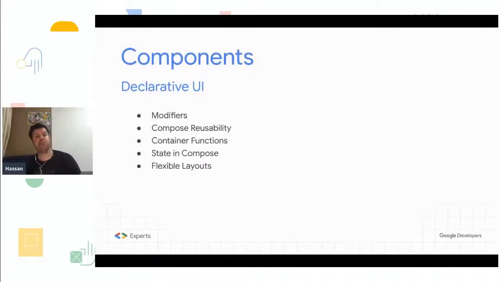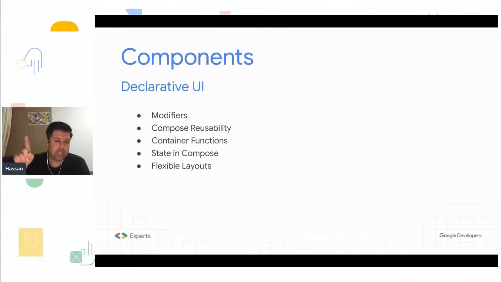So today I'm going to talk to you and show you some examples about modifiers, how to reuse compose functions, and what container functions are. There used to be a function container before, but it's no more. And then I will share about state in Compose.